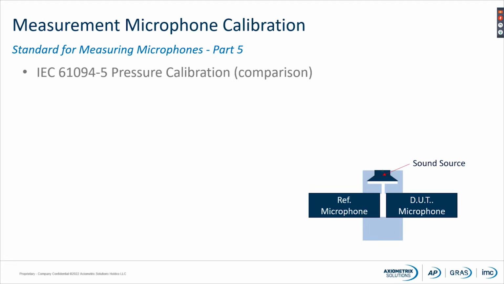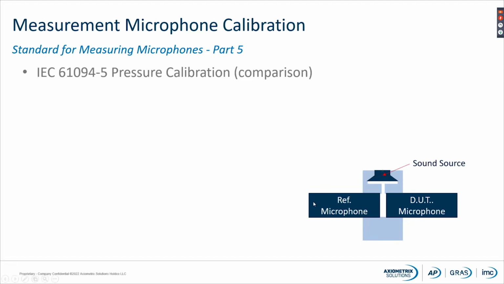There are different methods we can do that. Like we have it here on the slide, we could have a little sound source, and we could have a coupler with a cavity, and then we could have a reference microphone and the microphone under test. And the idea is that these two microphones will see the same pressure from the little sound source.